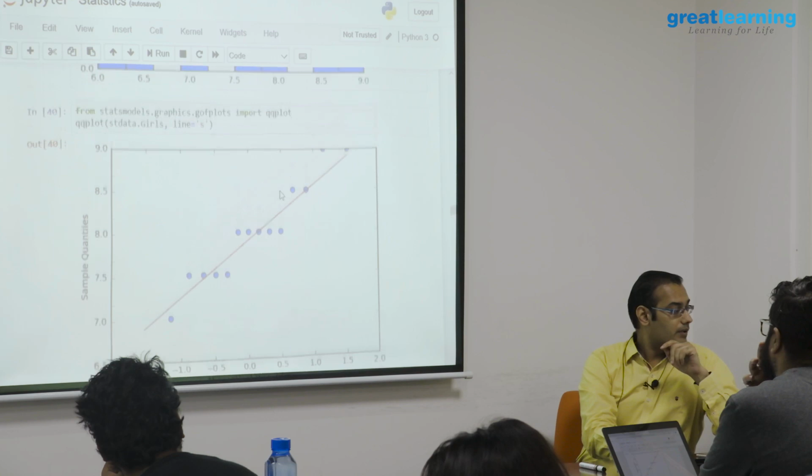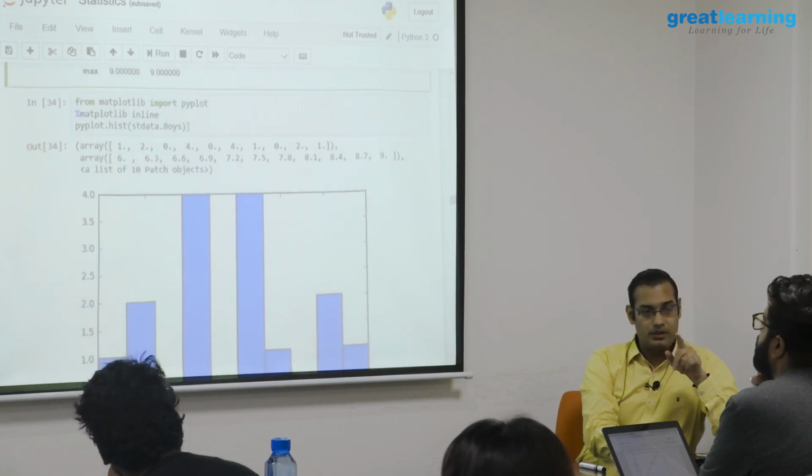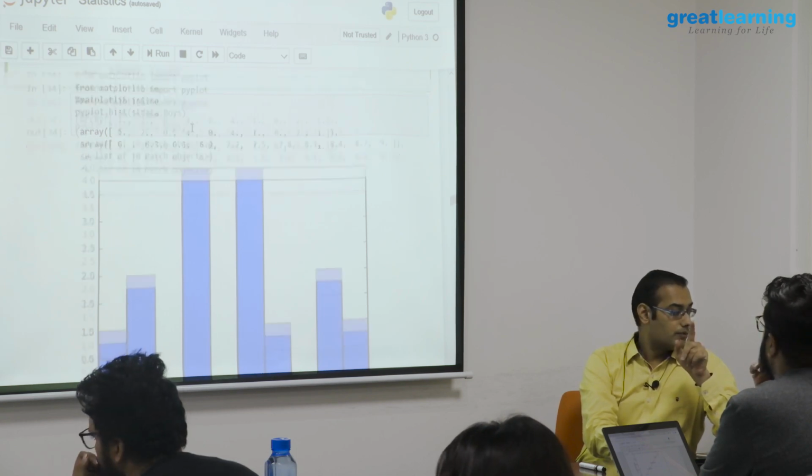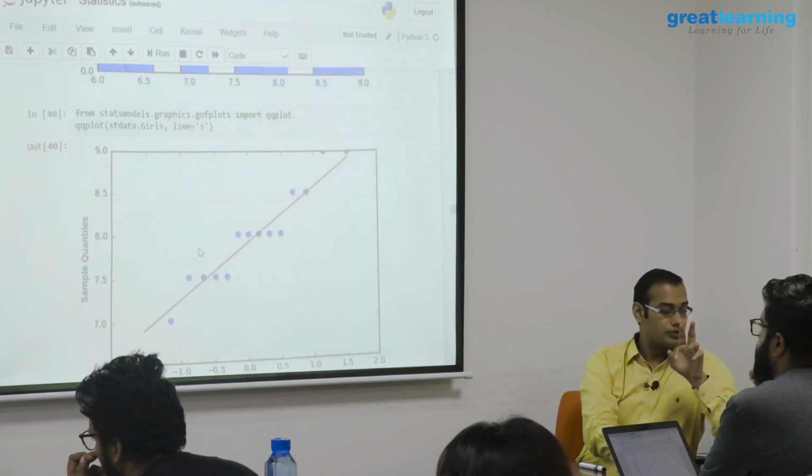Here I have shown one way of proving a normal distribution, which is using a histogram. For boys I have done a histogram, for girls I have done a QQ plot. Two approaches I have explained.